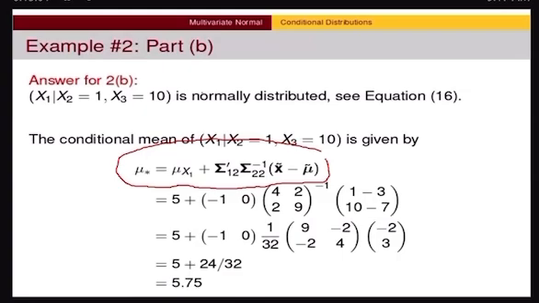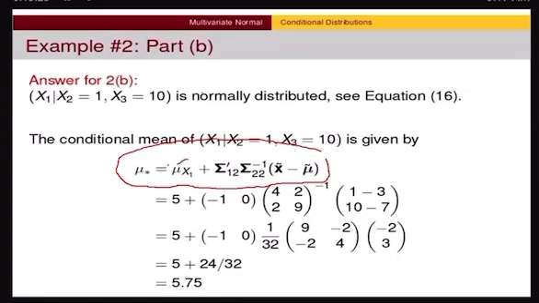If you take a look at the formula, you are going to see that mu star, the conditional mean, is equal to the mean of X1. That is the mean of the variable that is conditioned on the other two variables, the first one.